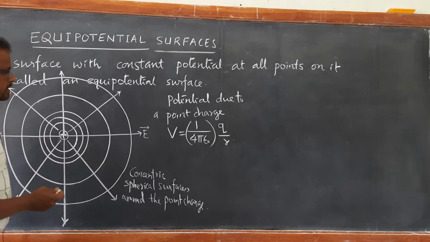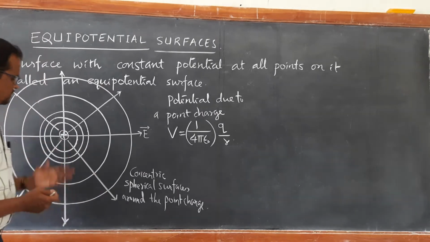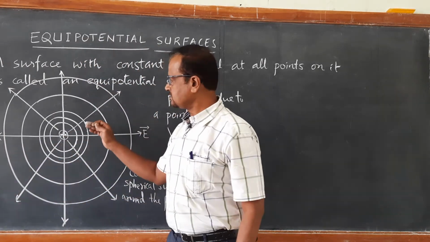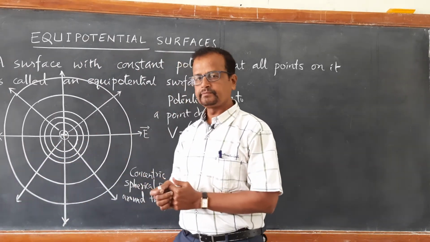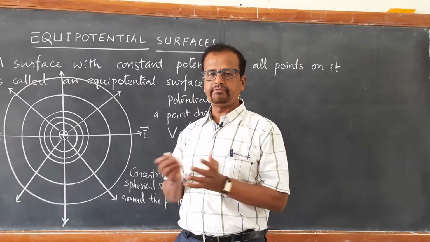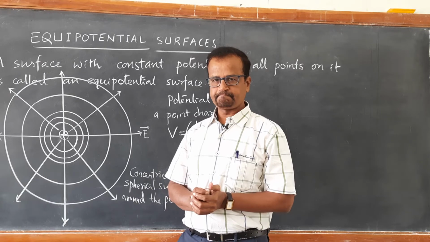So, this charge may even be a negative point charge. If it is a negative point charge, then the field lines are radially inwards, right? Again you will get a similar kind of potential surfaces.